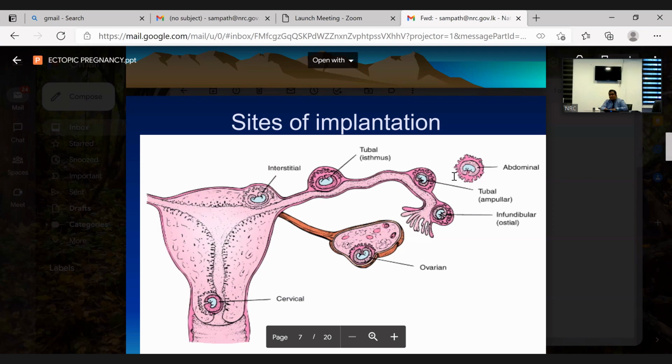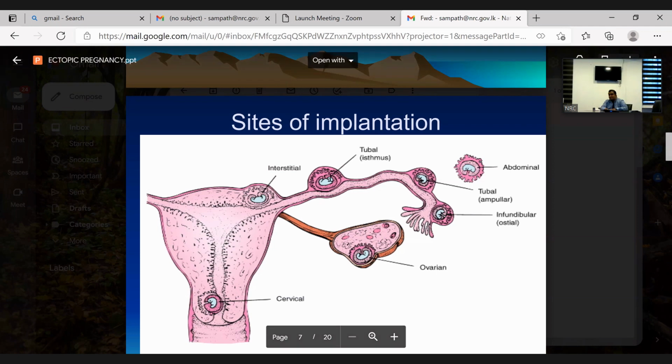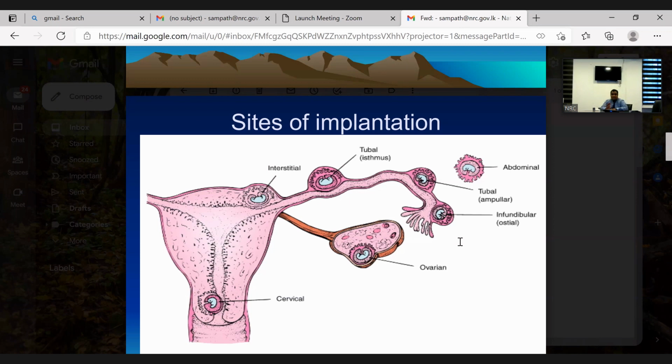I have seen 2 abdominal pregnancies with normal babies and 1 ovarian pregnancy. But in the tube, they will never continue to live pregnancies. Remember that. Only ovarian and abdominal pregnancies can continue to term, but cervical, interstitial, tubal, all these places, they rupture and then they come with bleeding, collapse, pain, and all that.